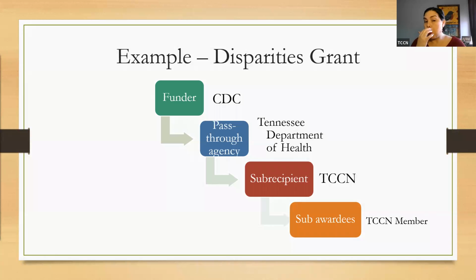But when recently the TDH released the new request for applications, they didn't mention that those that already had the disparities funding was excluded. And that's where we needed to immediately, okay, we need that clarification somewhere.